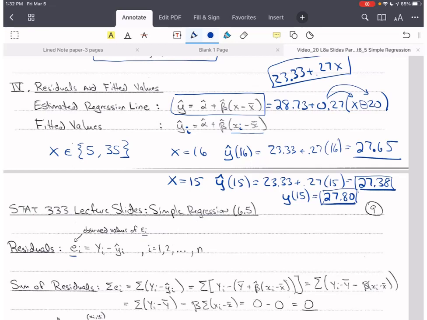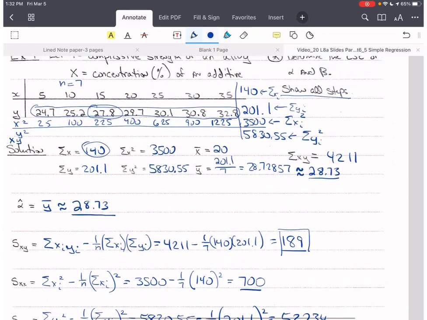We're going to use little e sub i. And so we take y sub i minus y hat, or yi hat, okay? And so in this case, I have to just count which values these are. 1, 2, 3. So this was the third value, and so the third pair of data.